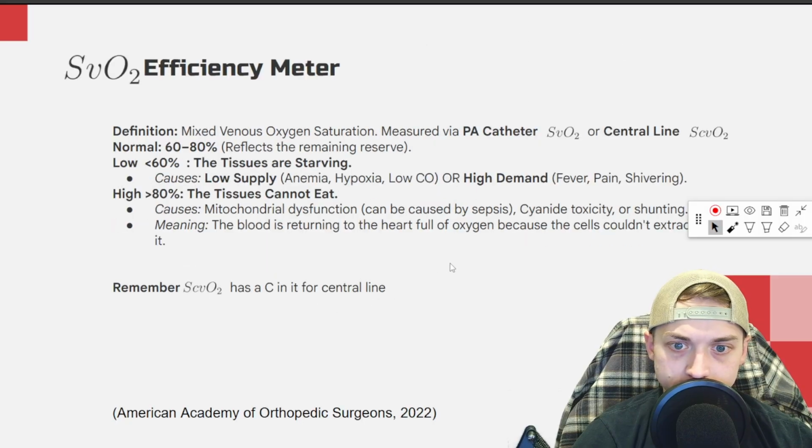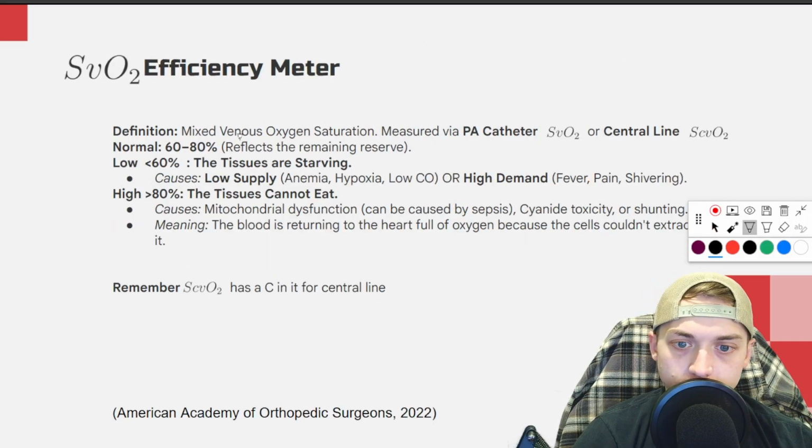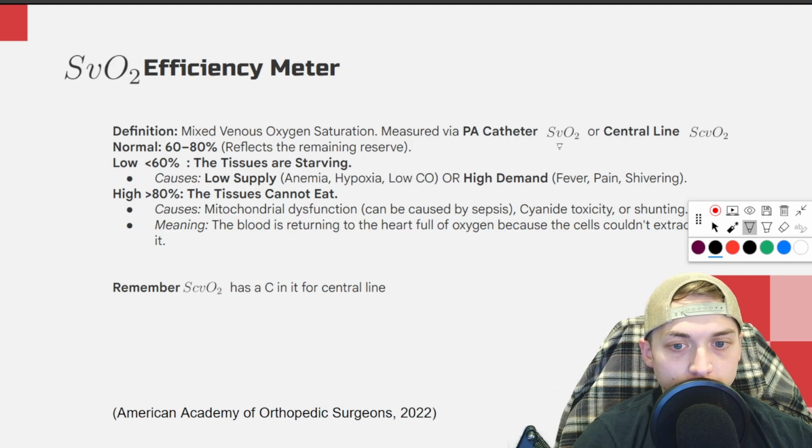Moving on. Another hemodynamic value that we need to know is our mixed venous oxygen saturation. If it's measured in the PA catheter, remember you've got that Swan-Ganz with the balloon measuring all that in your PAOP. Well, you can also float it up and get the mixed venous oxygen saturation from the pulmonary artery, and that's your SvO2.